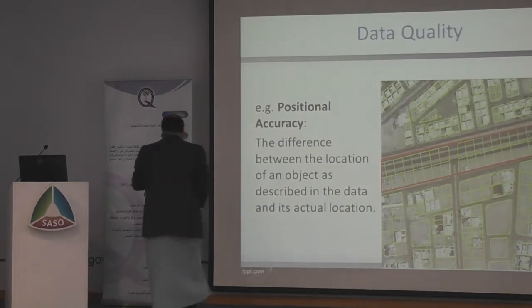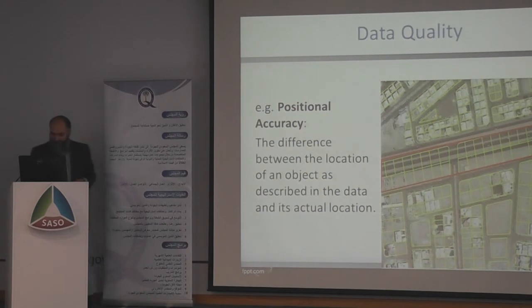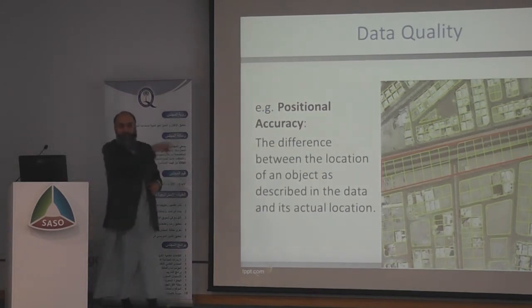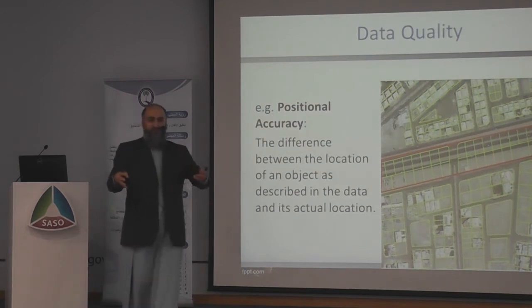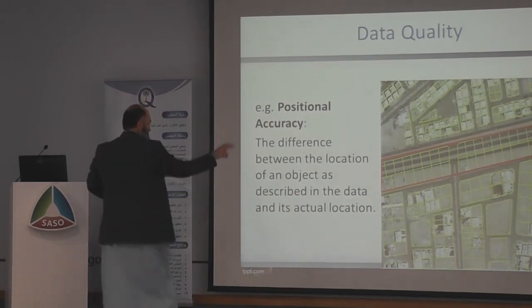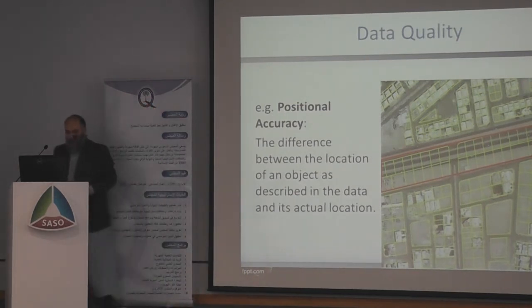So there's a problem. The red part. And by the way, it looks like parcels. So they call it parcels. So positional accuracy is the difference between the location of an object as described in the data and its actual location.